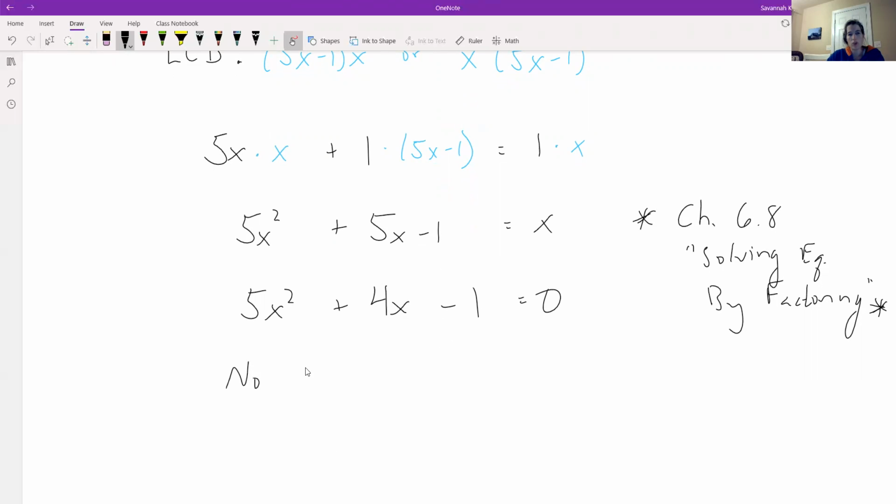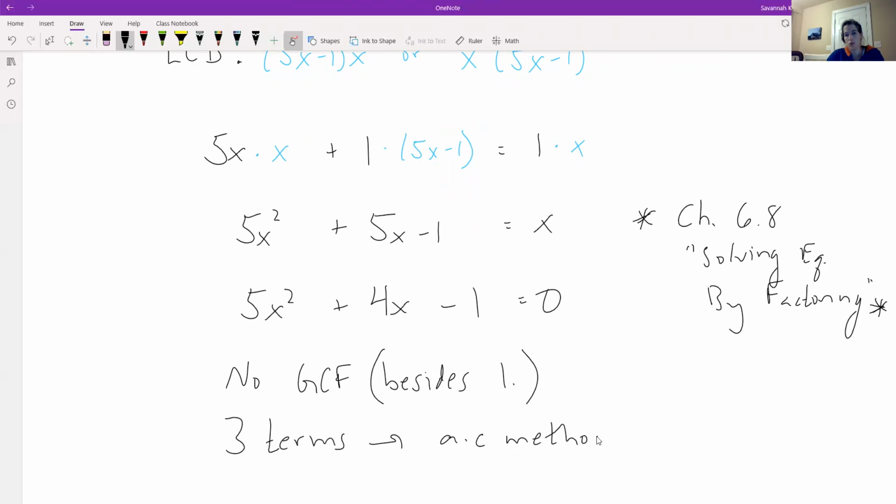I'm going to state there is no GCF besides 1 plus. So we don't have to worry about that.